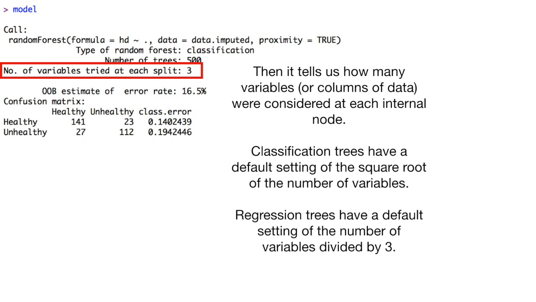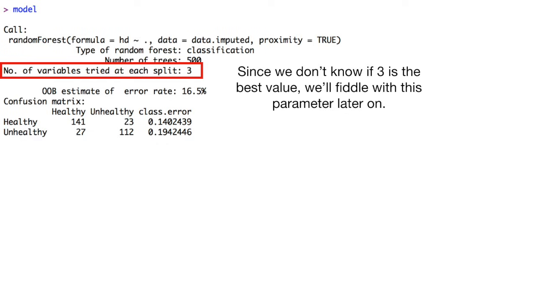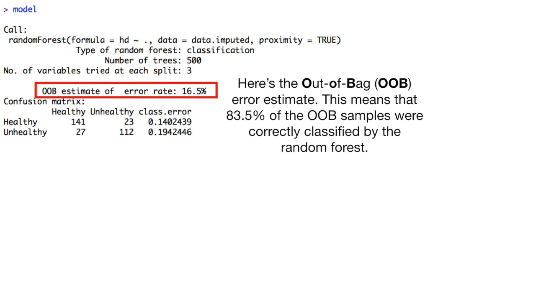Regression trees have a default setting of the number of variables divided by 3. Since we don't know if 3 is the best value, we'll fiddle with this parameter later on. Here's the out-of-bag (OOB) error estimate. This means that 83.5% of the OOB samples were correctly classified by the random forest.